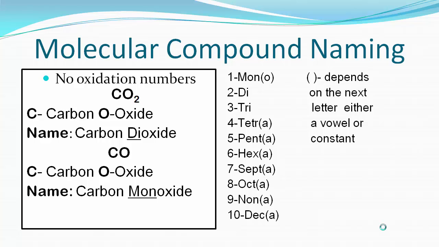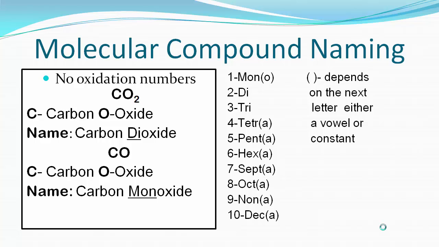So let's say CO2. We look up: C is carbon and O is oxide. Oxide and not oxygen, because of name the metal, name the nonmetal. But there is no metal here, so name the nonmetal, name the other nonmetal. We still switch the second nonmetal, like pretend the first nonmetal is now taking the place of the metal.